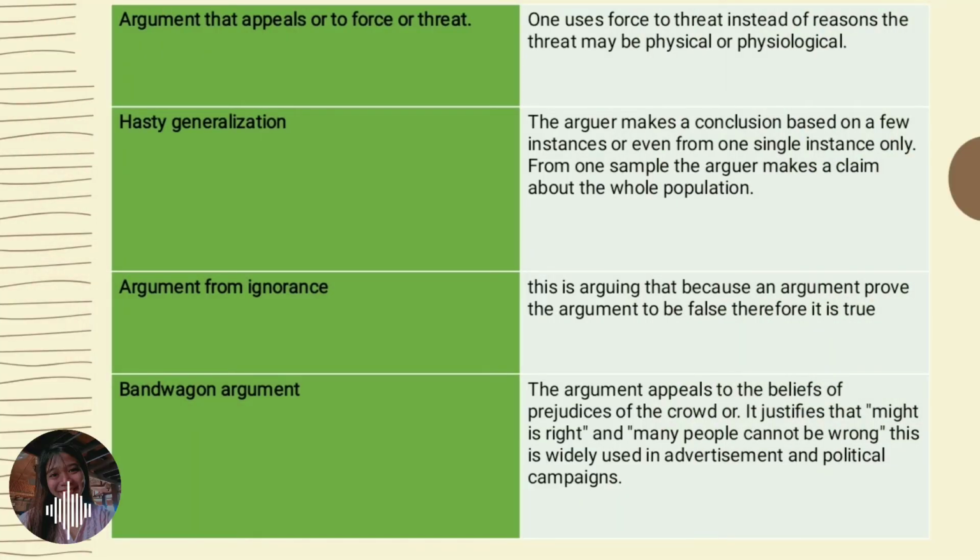So in this part, we'll be talking about the argument that appeals to force or threat. So this argument uses force or threat instead of reasons, maybe physically or psychologically. This is when an arguer points out the negative consequences of holding the contrary position.